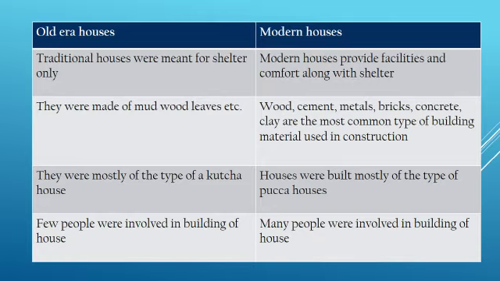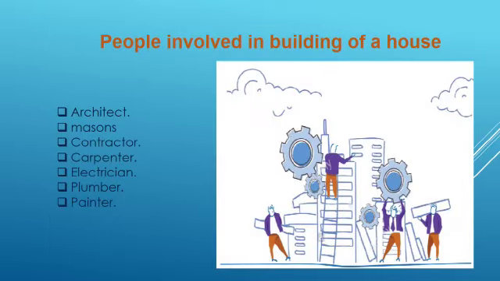Only a few people were involved in building old era houses. However, while building a modern house, so many people are involved like mason, architect, etc. A number of people work together to build a house.